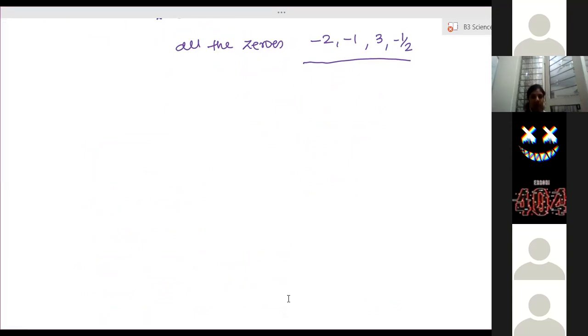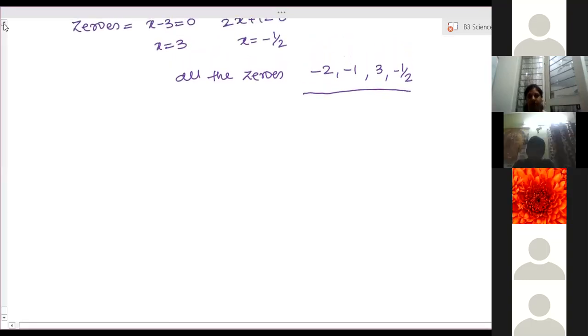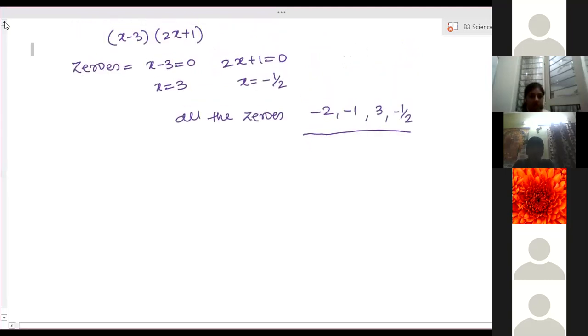Completed? Everyone understood? Yes, ma'am. Now, a similar question. Here you got the zeros as rational numbers, but there are questions where the zeros are irrational numbers.